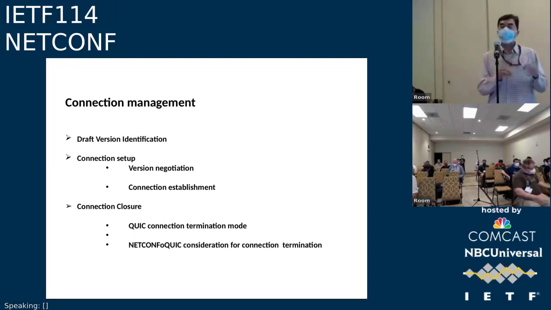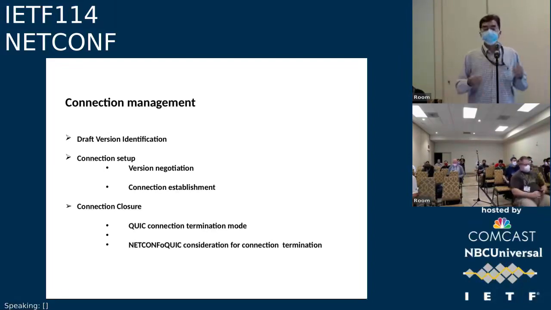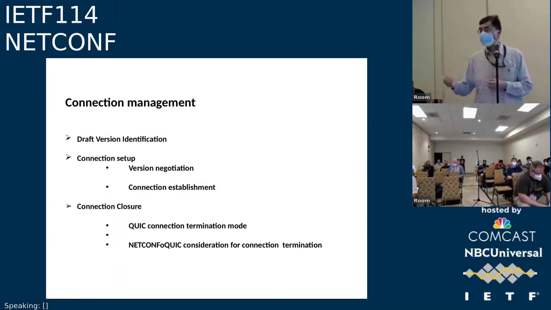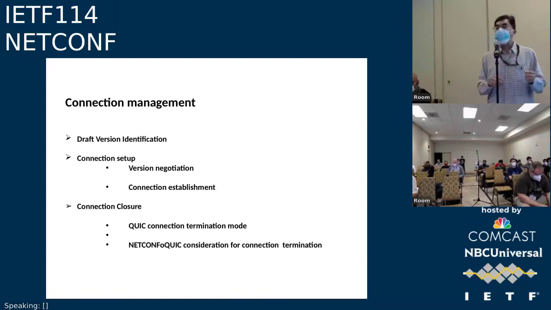And then we consider shutting down the connections. In this case, first we have to review the ways QUIC terminates connections. There are three ways for QUIC to terminate connections. One way is when the idle timeout is enabled: when the idle timeout expires, QUIC will shut down the connection.